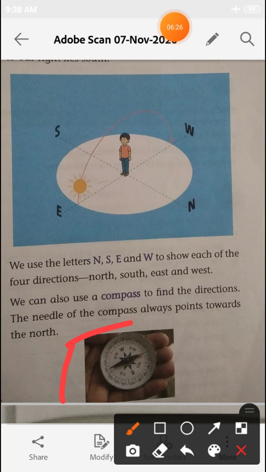Student, this is a compass. Here are east, west, south and north. The needle of the compass always points toward the north.